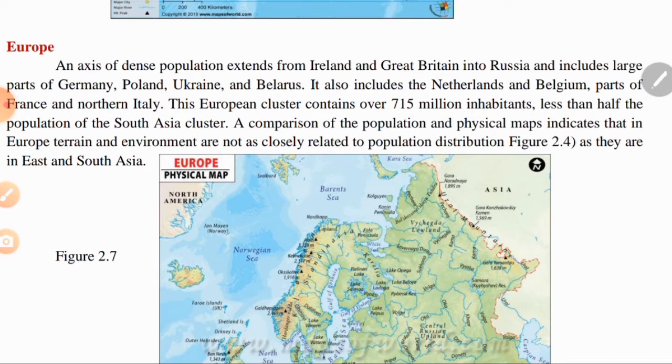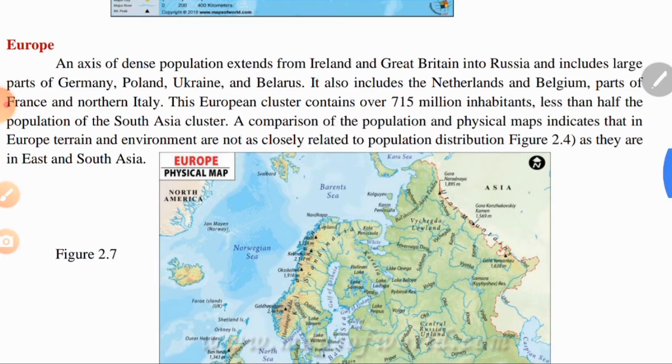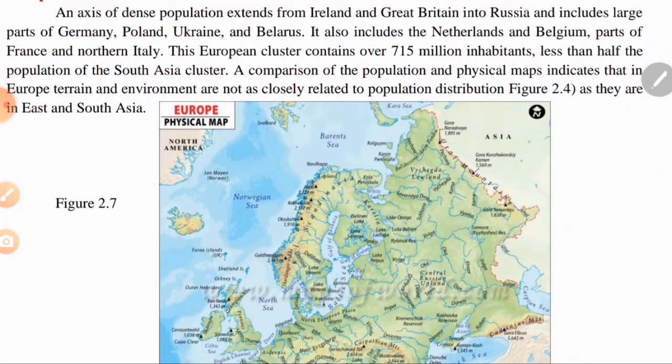It also includes the Netherlands and Belgium, parts of France and northern Italy, and this European cluster contains over 715 million inhabitants, less than half the population of South Asia.